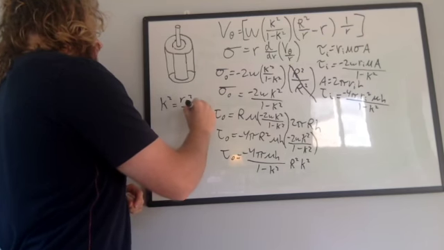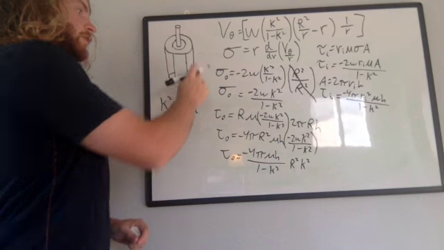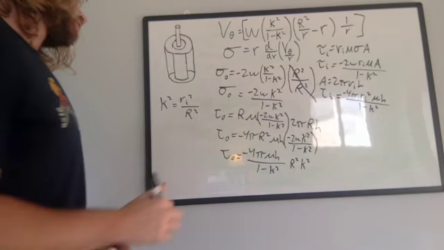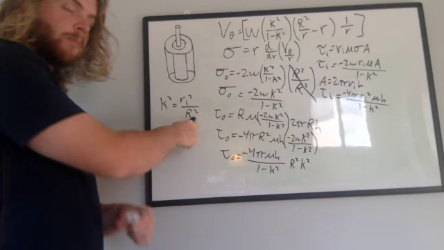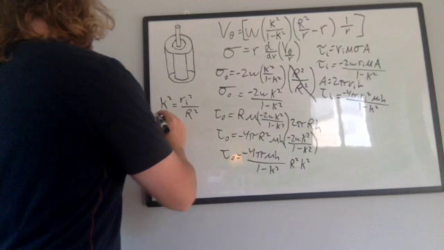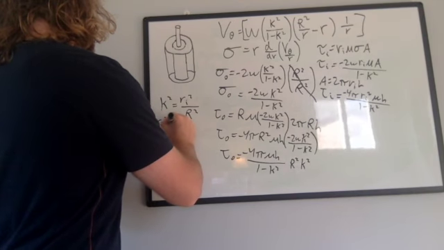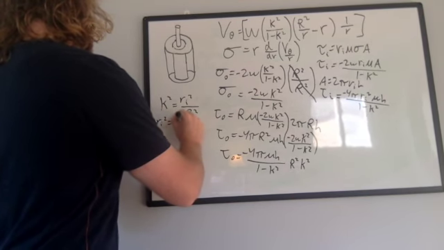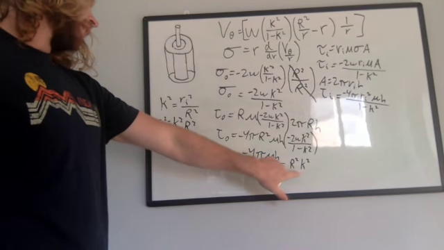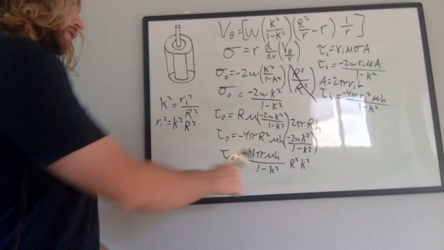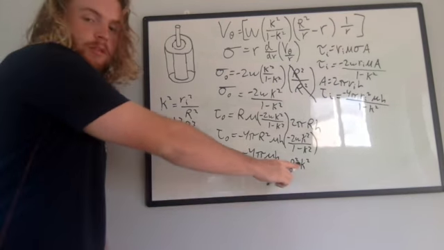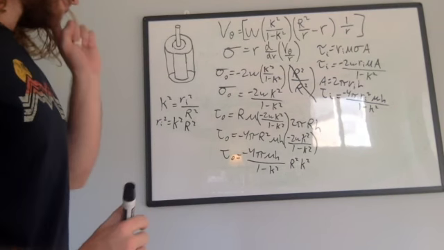R being the radius of the outer cylinder and our ri being the radius of the inner cylinder, right? So if we go ahead and multiply our big R over to this side, we would get that our inner radius squared would be equal to k squared times R squared. And if you look over here, we have that exact expression right here. So we can go ahead and substitute ri squared in for this big R squared times k squared over here.